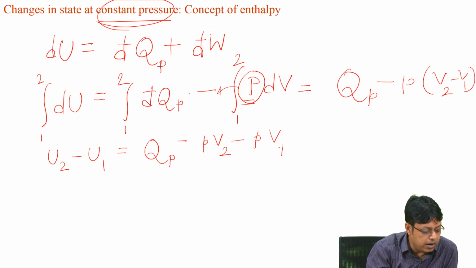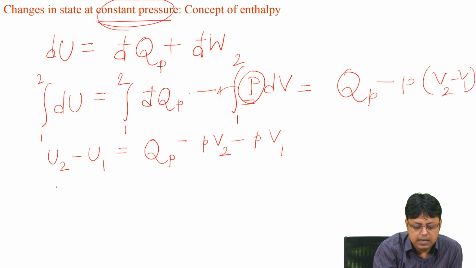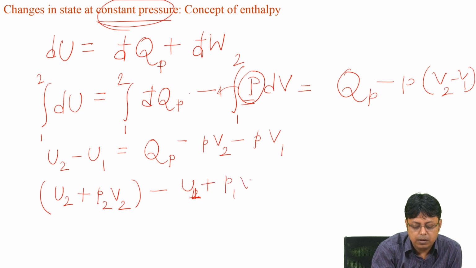Now, we can organize this in a slightly different fashion. We can write it as (U2 plus P2 V2) minus (U1 plus P1 V1) is equal to Q_p.